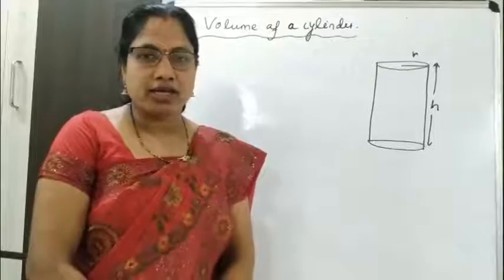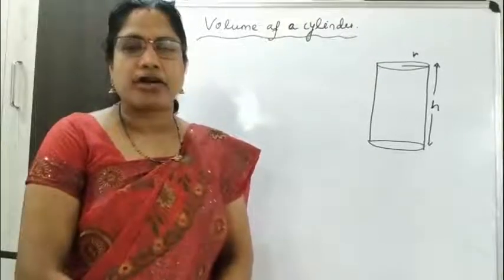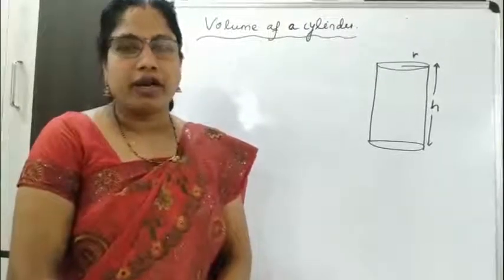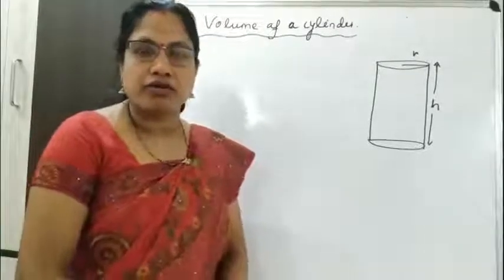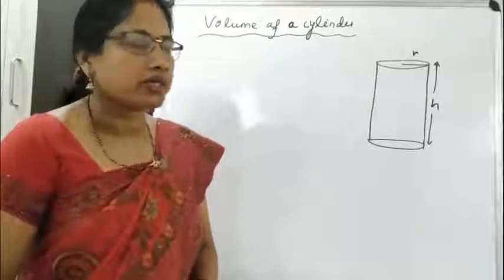In our last class we discussed how to find the volume of a cuboid and cube. Here in this section we shall discuss how to find the volume of a cylinder.